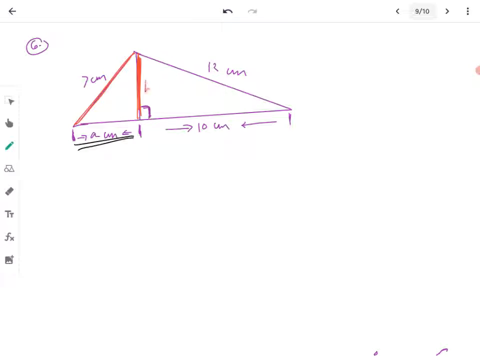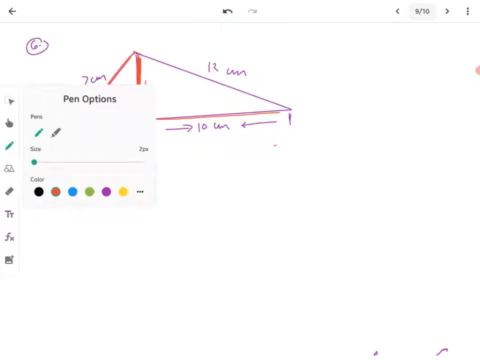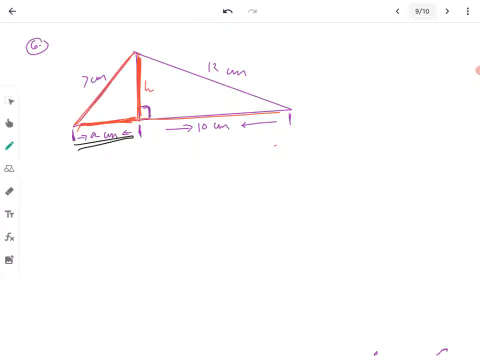Let us say this is h. We do not have that, so we cannot directly solve for a if we do not have that height. Because of that, we need to use this triangle here to solve for h first.